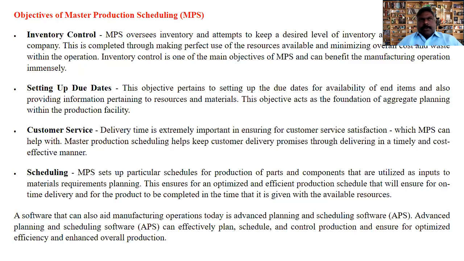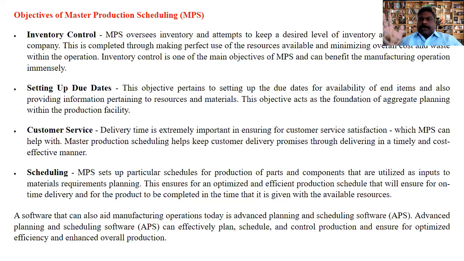So here, inventory controlling means we have to see how much we need, that much we should produce, and that much we need to store. In the first line it says desired level. Desired level means matching the demand.